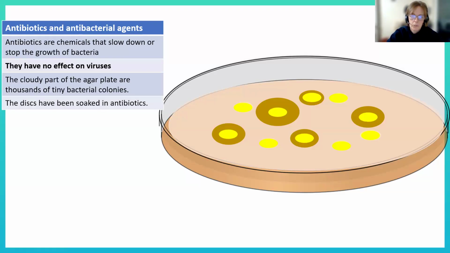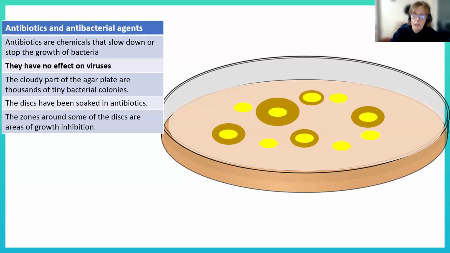They're pre-soaked in antibiotics; you're not picking up wet ones unless you're doing your own experiment. You can just pop them on the Petri dish. And if you get what we call a zone of inhibition around your disc, so here there's a zone of inhibition, the growth of the bacteria has been inhibited in this area, and here, and here, and here, and here. There's a big zone of inhibition here.